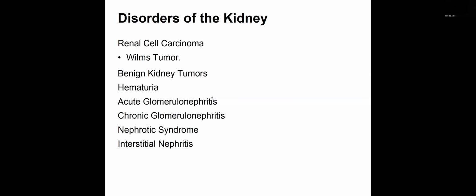These are rare childhood kidney cancers that present with abdominal swelling or mass. You have benign kidney tumors. These are non-cancerous growths, often asymptomatic unless large or obstructive. Hematuria, like I mentioned before, is blood in the urine caused by infection, stones, or tumors.